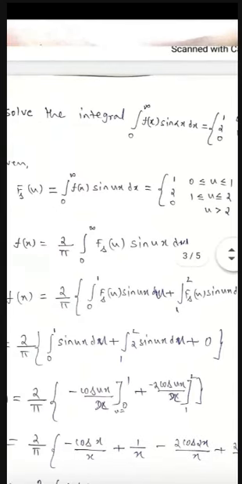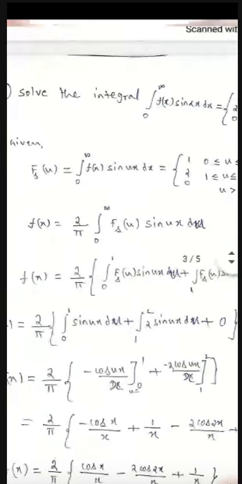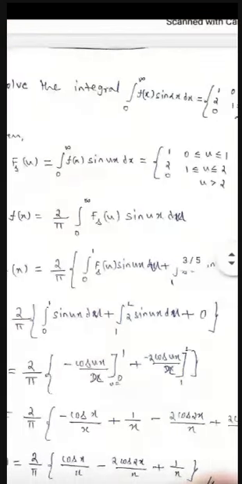But we have f of x. What is that f of x? 2 by pi, 0 to infinity Fs of u sin ux du. It comes from the inverse sine transform. You know that if you have Fs of u like this, f of x is the inverse sine transform. So 0 to infinity can be written as 0 to 1, after that 1 to 2, next 2 to infinity.